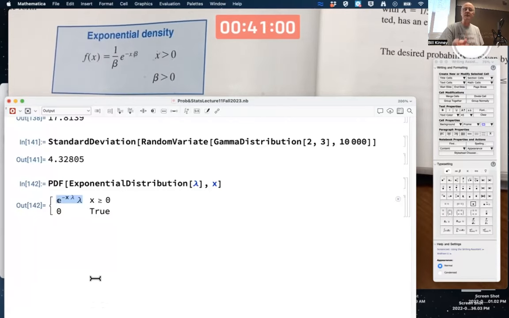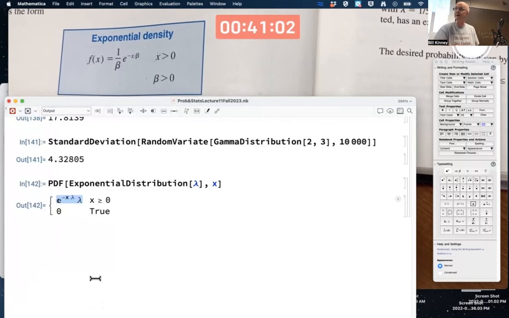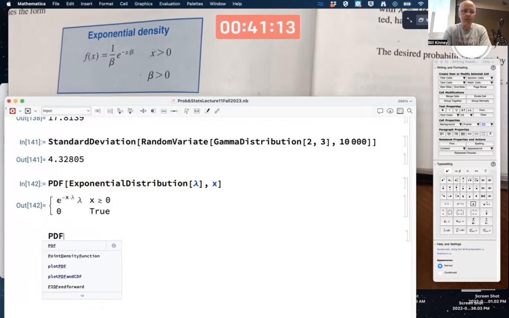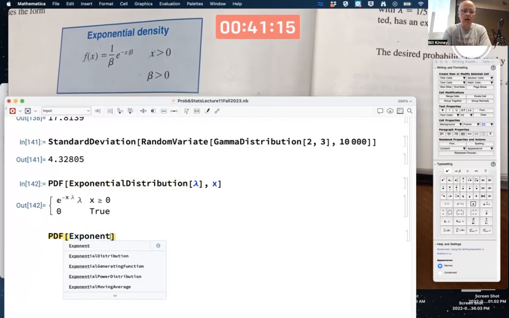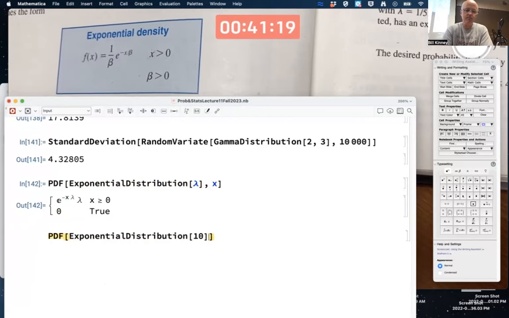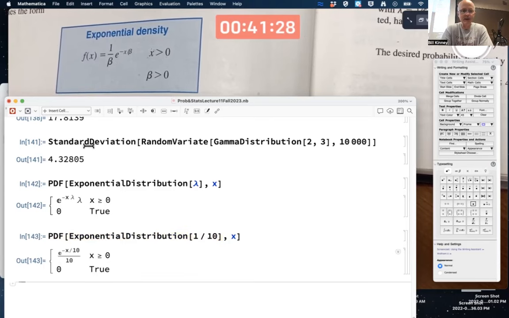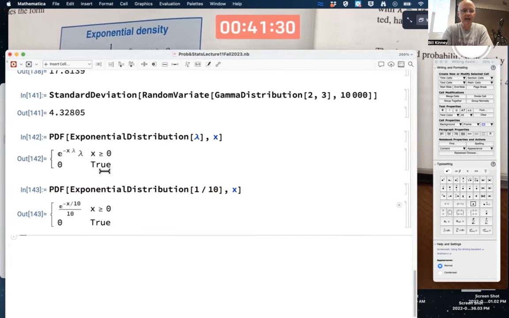So if you want to use the built-in exponential distribution in Mathematica to simulate for exponential distributions, you need to realize that Mathematica is using 1 over beta for what goes in here. So whatever the mean is, say the mean is 10, you would use 1/10 for the lambda. That's an exponential distribution with a mean of 10.